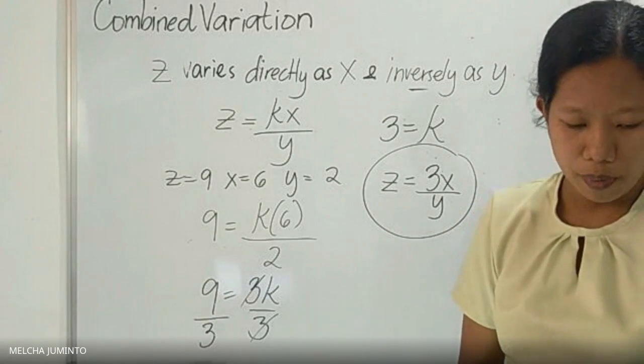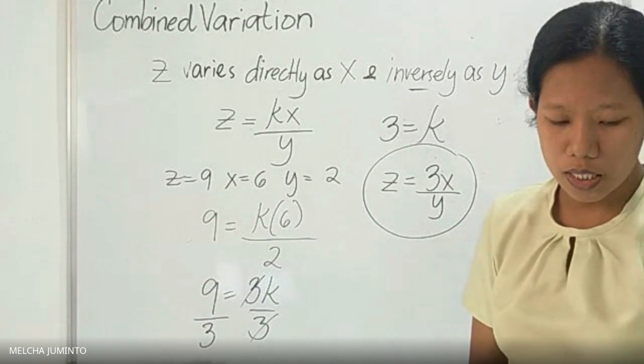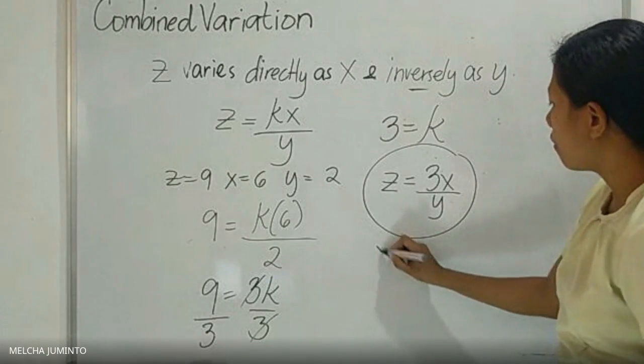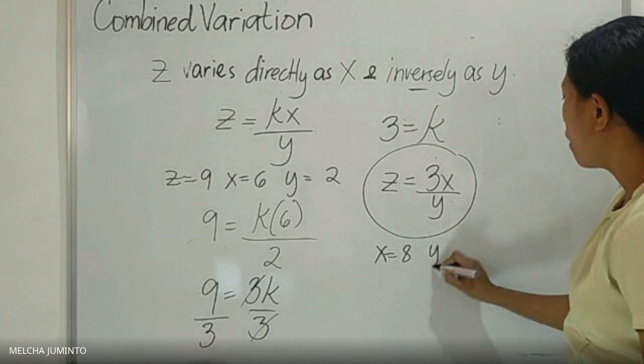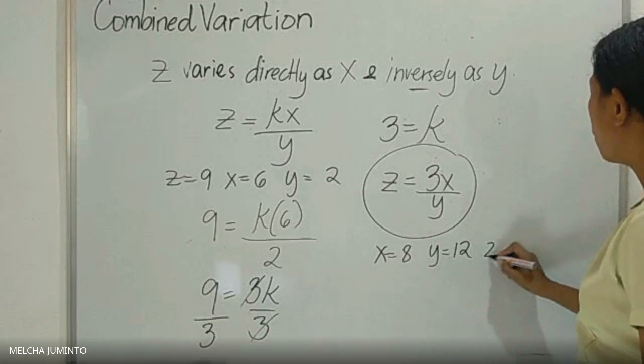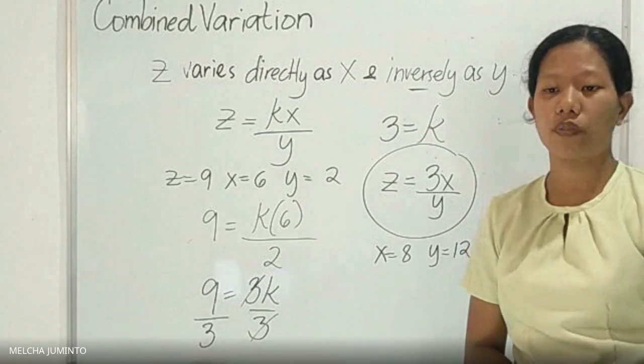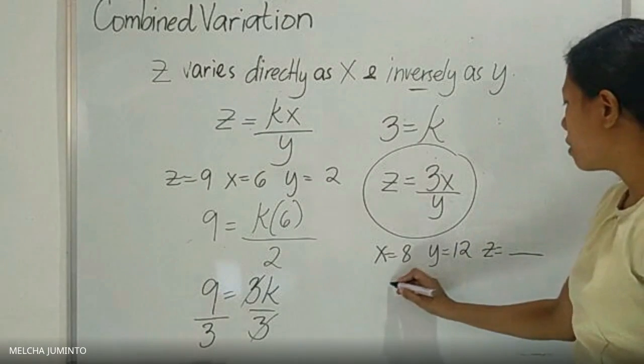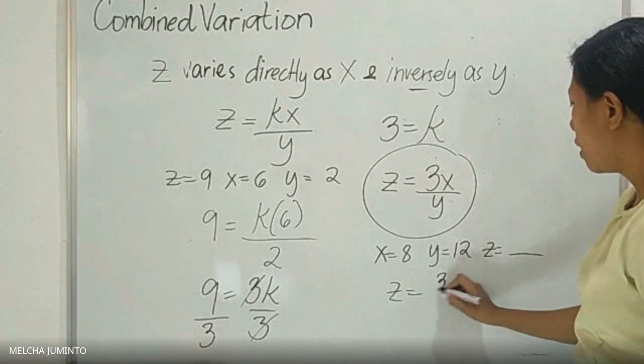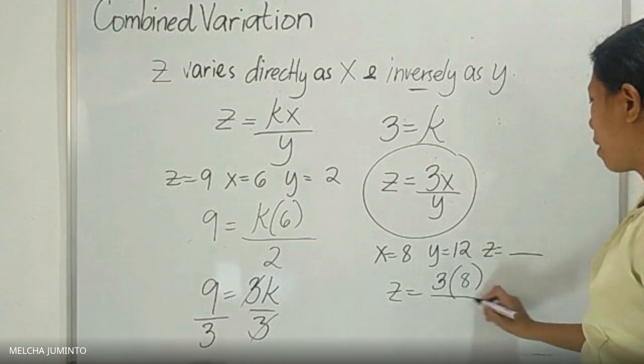Solve for z. This time, we have x is equal to 8 and y is equal to 12. Look for the value of z using this equation because we now have the equation of the variation. So we write z is equal to 3 times 8 divided by 12.